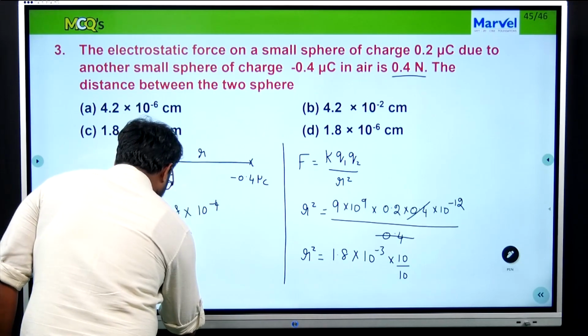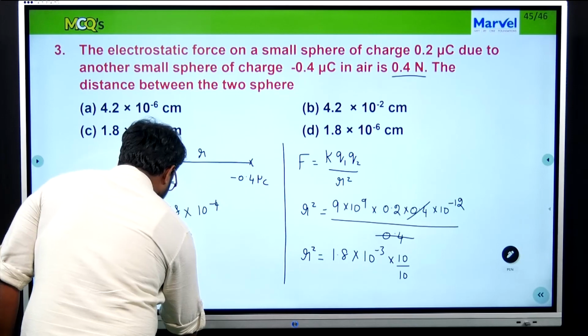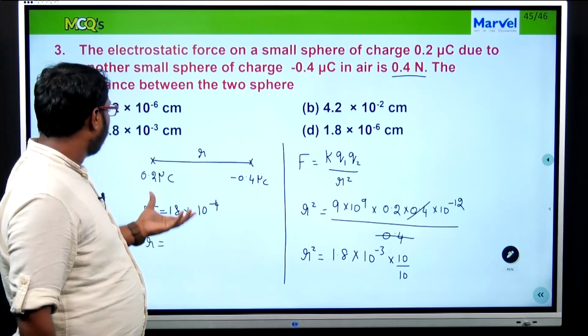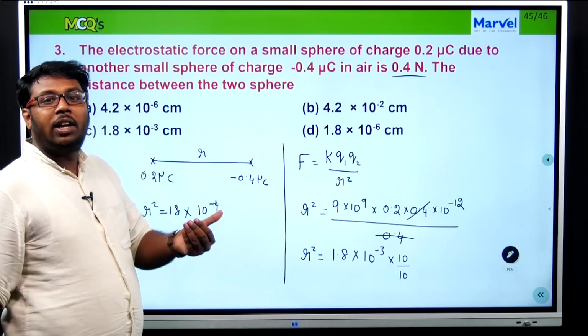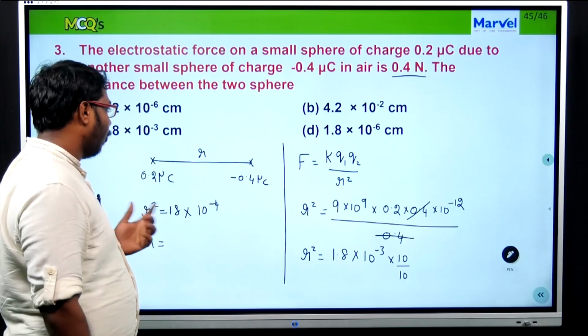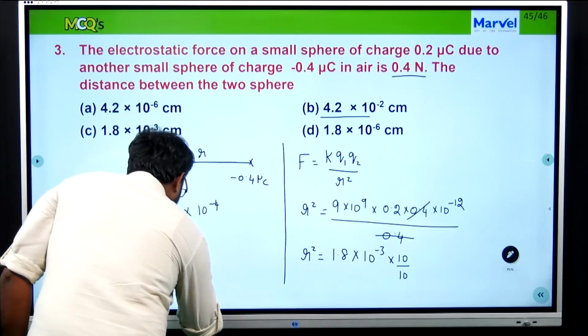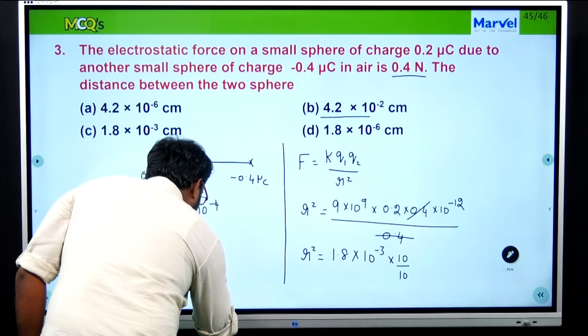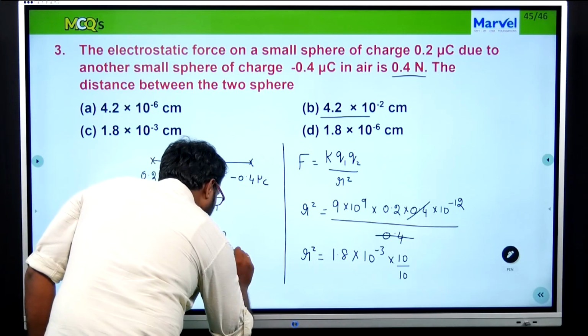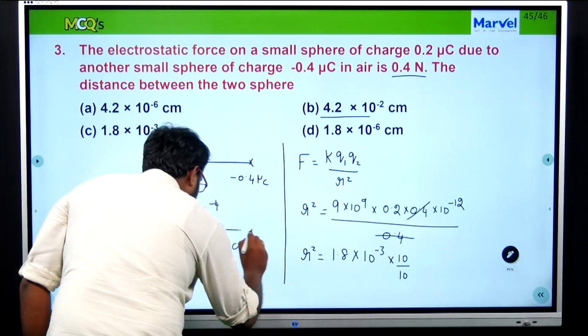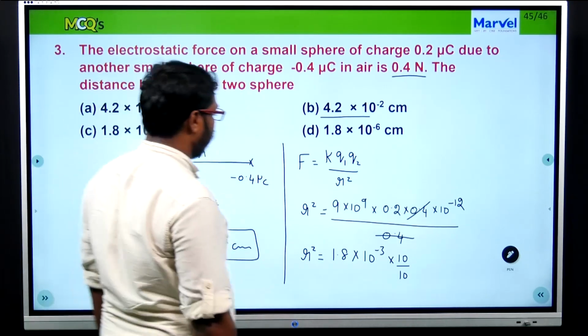So R is equal to, on taking root on both sides, root 18 will definitely be slightly greater than 4. So by seeing the options, I get to know that it will definitely be 4.2 into 10 power minus 2 centimeters. So this will be our answer.